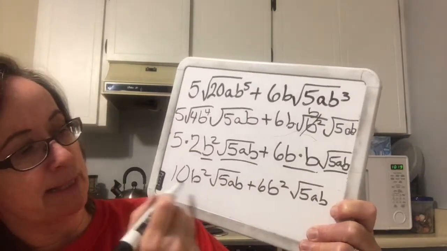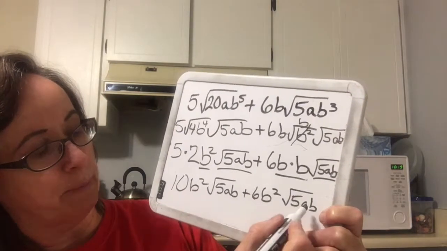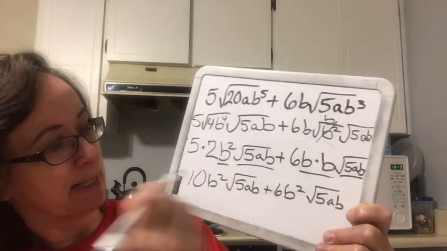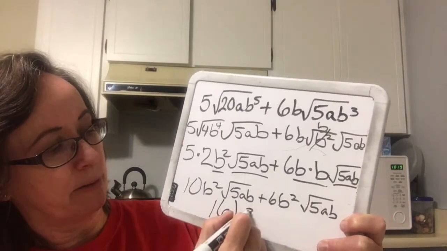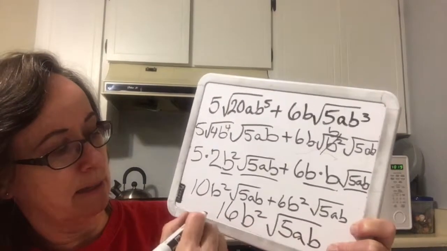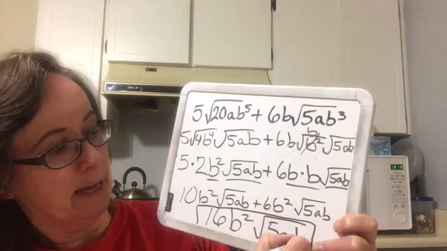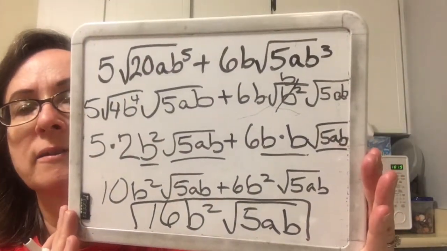And then, since they're all like terms, b squared, square root of 5ab, we can add the 10 and the 6 together to get 16b squared square root of 5ab. And there is our answer.